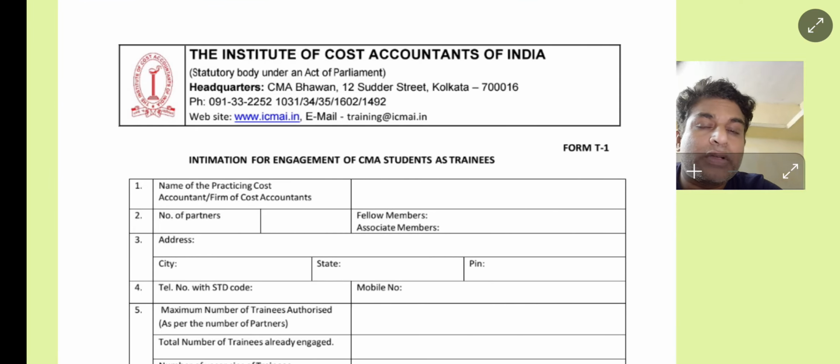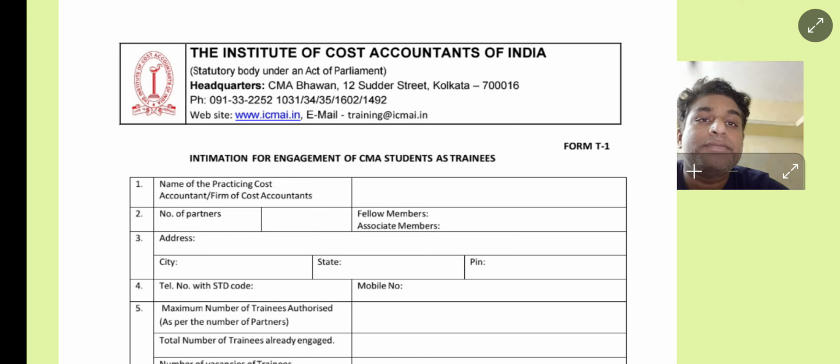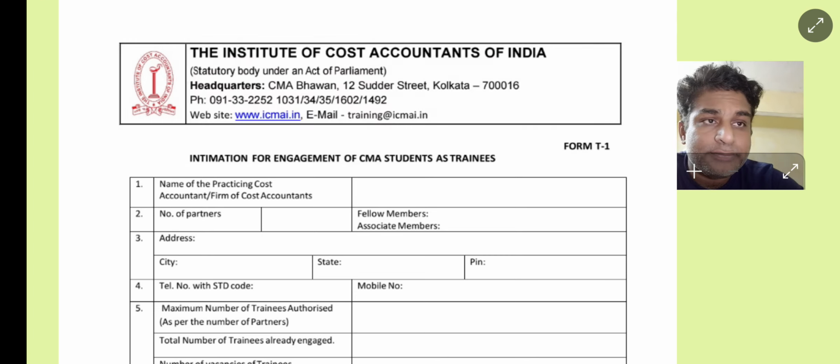The Institute of Cost Accountants of India is a statutory body under an Act of Parliament. This is our institute address, headquarters: CMA Bhavan, 12 Sadar Street, Kolkata.